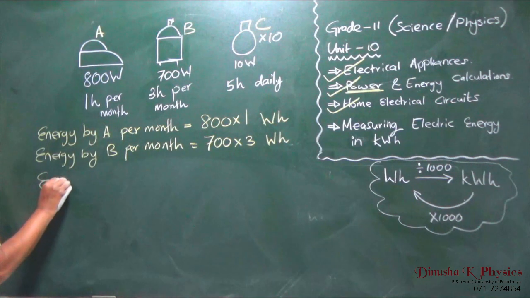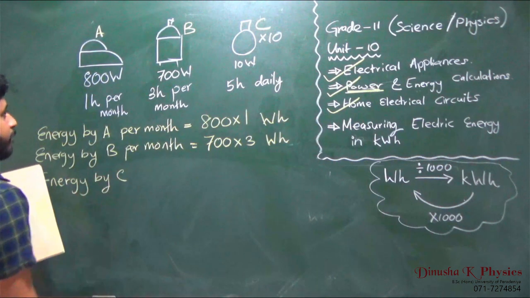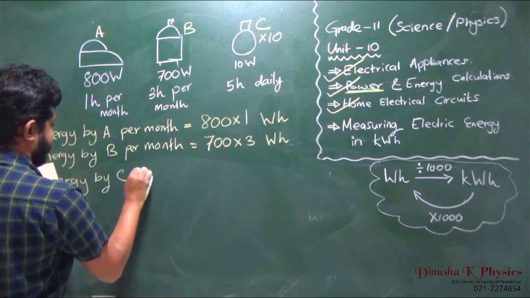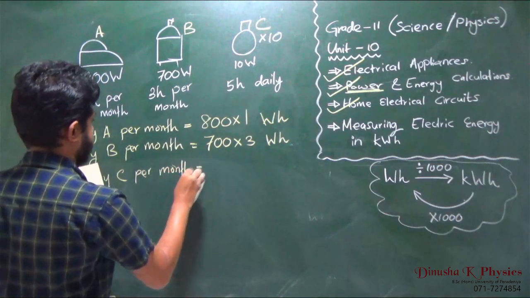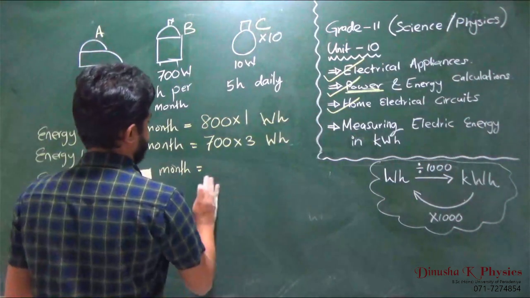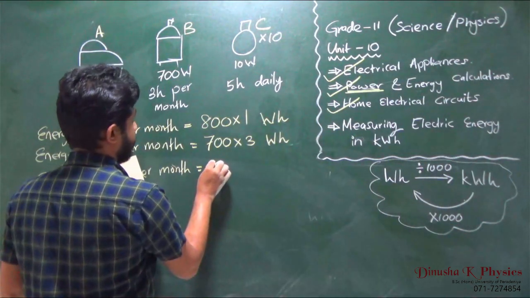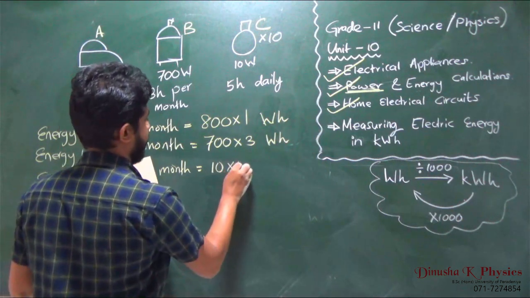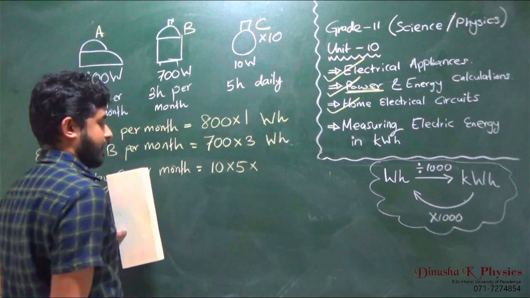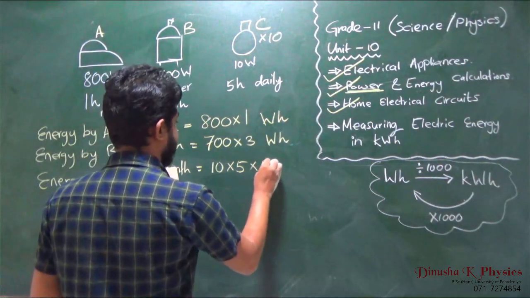Again, energy by appliance C per month. The power of the bulb is 10 watts and it is working for 5 hours daily, and there are altogether 10 bulbs.